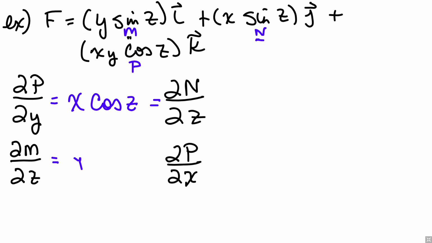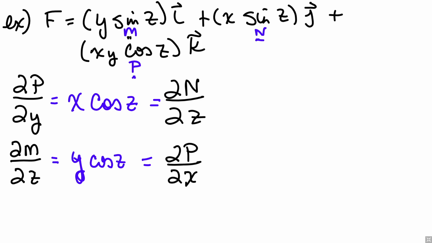Yes, so it's going to be y cosine of z. Okay, now we're going to take the partial of P with respect to x. So what's the partial of P with respect to x? It's the same thing, so they are equal.